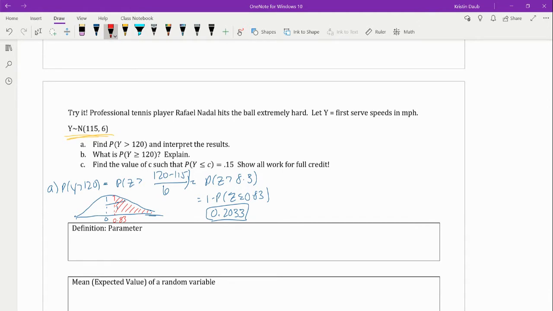All right, let's look at part B. Part B is exactly the same as part A, except now we've got y is greater than or equal to 120. It's going to be the same thing as part A, and here's why. What's the probability that the speed that Raphael hits the ball is exactly 120 miles per hour? Now, I'm not talking about 120.0000001 miles per hour. I'm talking about 120.000000000000000, all the zeros forever and ever.